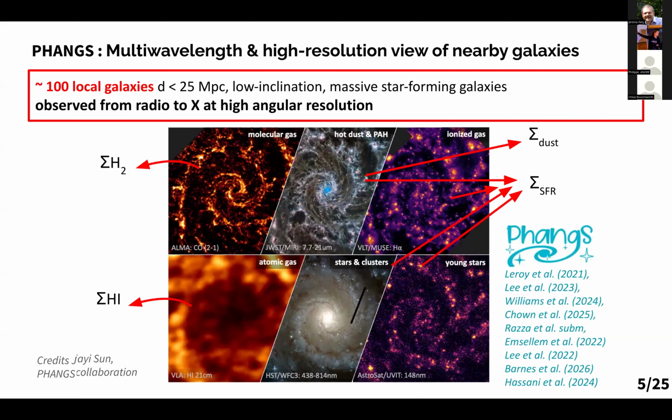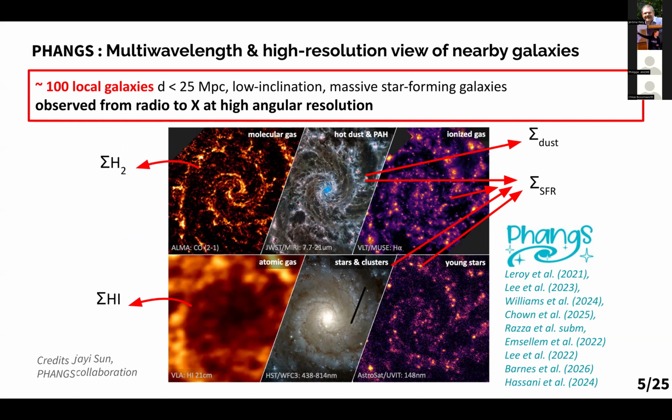Okay, so as I said, most of the results that I'm going to present take advantage of the PHANGS survey, which is a multi-wavelength survey targeting almost 100 galaxies in the nearby universe, within 25 megaparsecs. And the great strength of this survey is that it is multi-wavelength. So as you can see, you can access all the different components that I highlighted before.